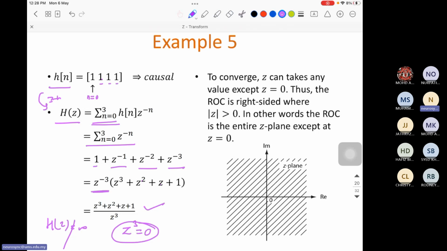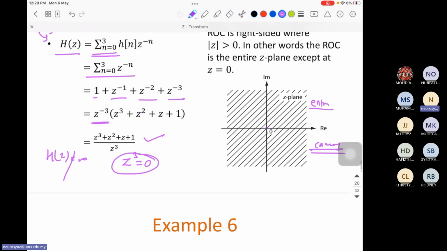So the ROC is right sided here, and therefore the system is causal.